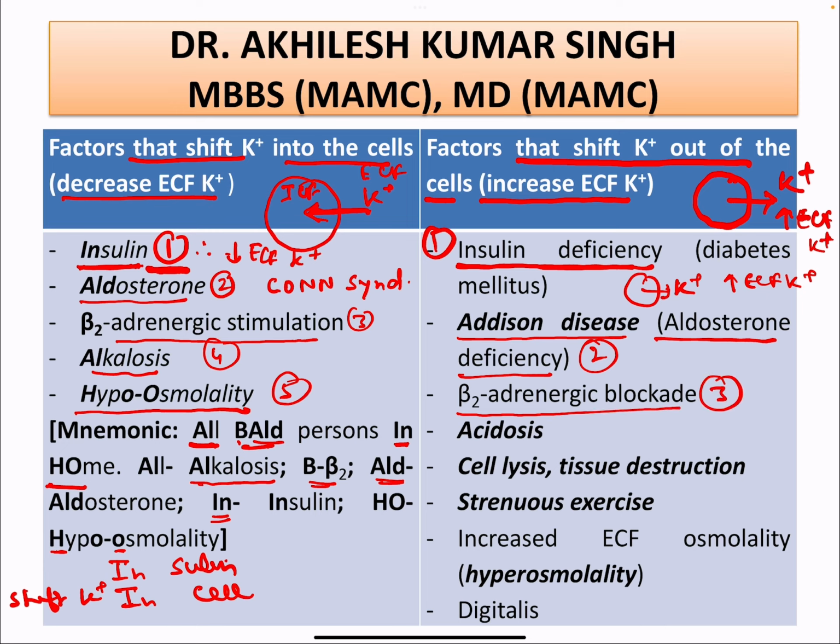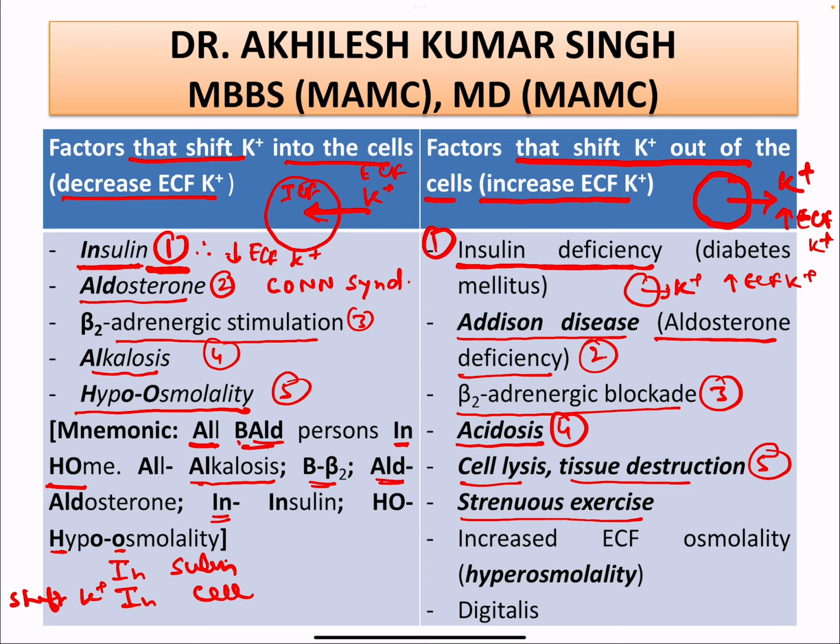If you block the beta adrenergic, it will shift the potassium out of the cell. Acidosis is the fourth factor which will shift the potassium out of the cell. Then the cell lysis and the tissue destruction will also shift the potassium out of the cell.